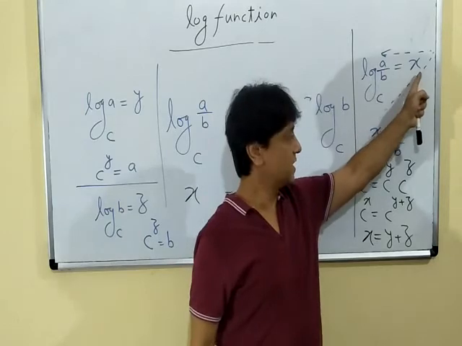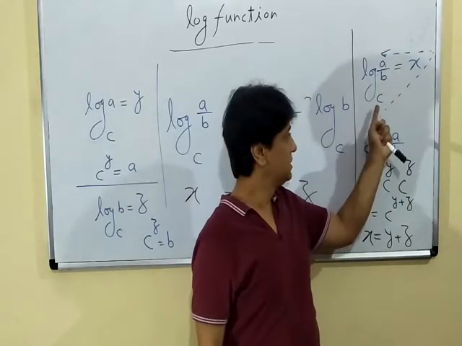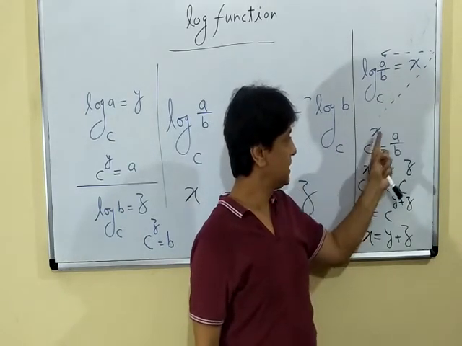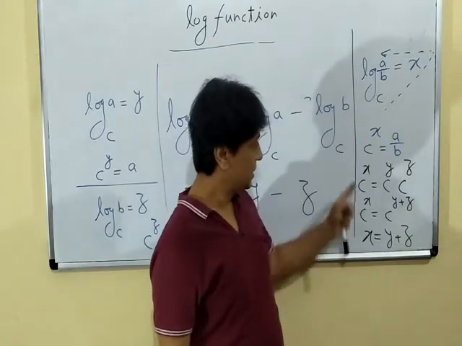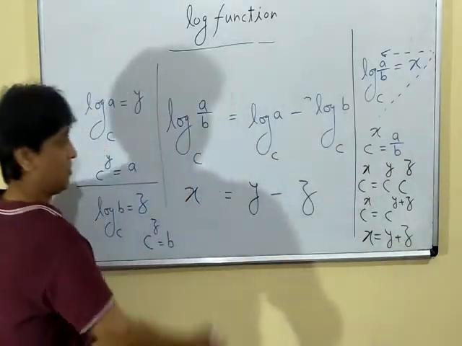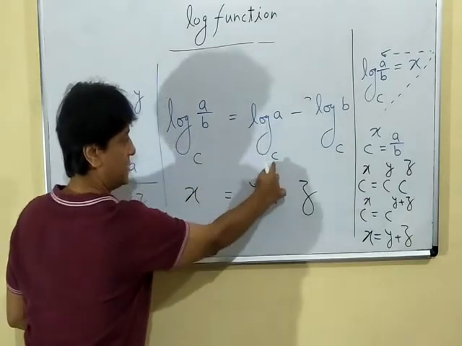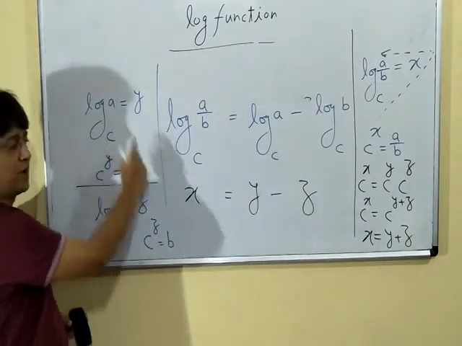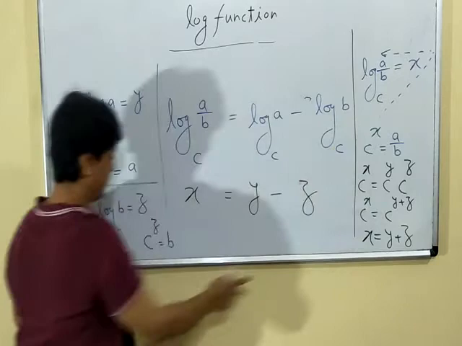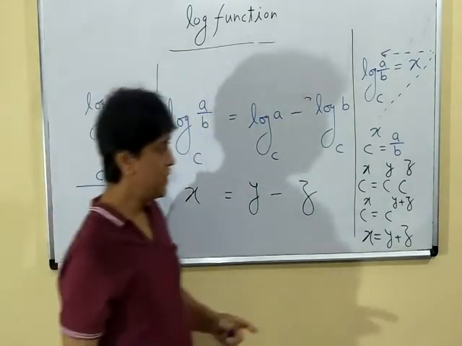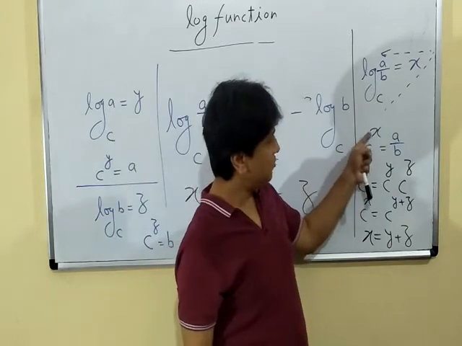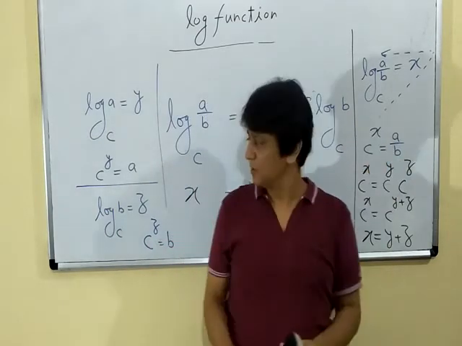Remove log, c to the power x is equal to a upon b. Right side, log a base c, same है. Log b base c, that is also same. You will get the same values.